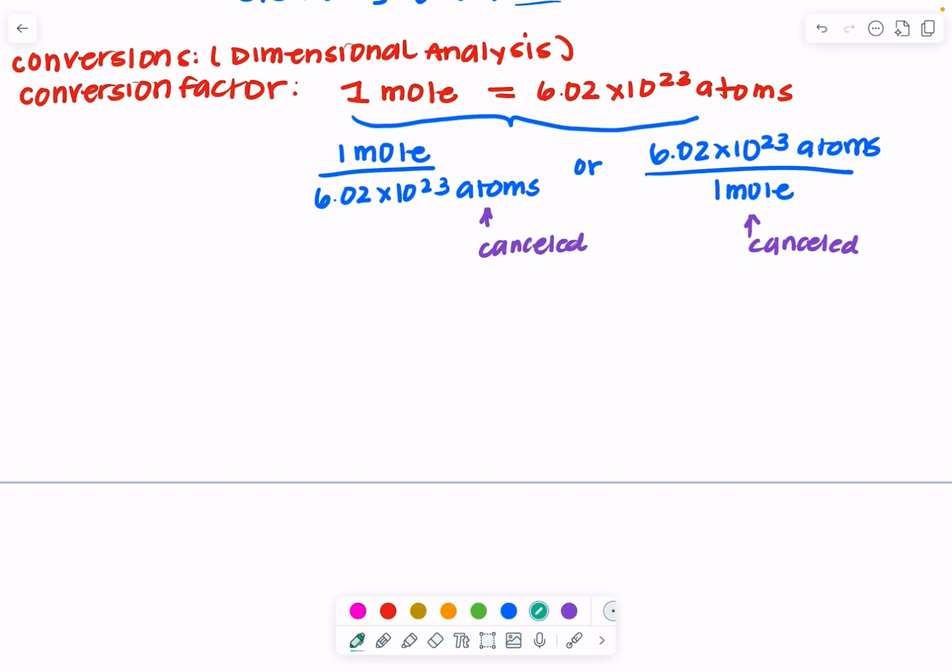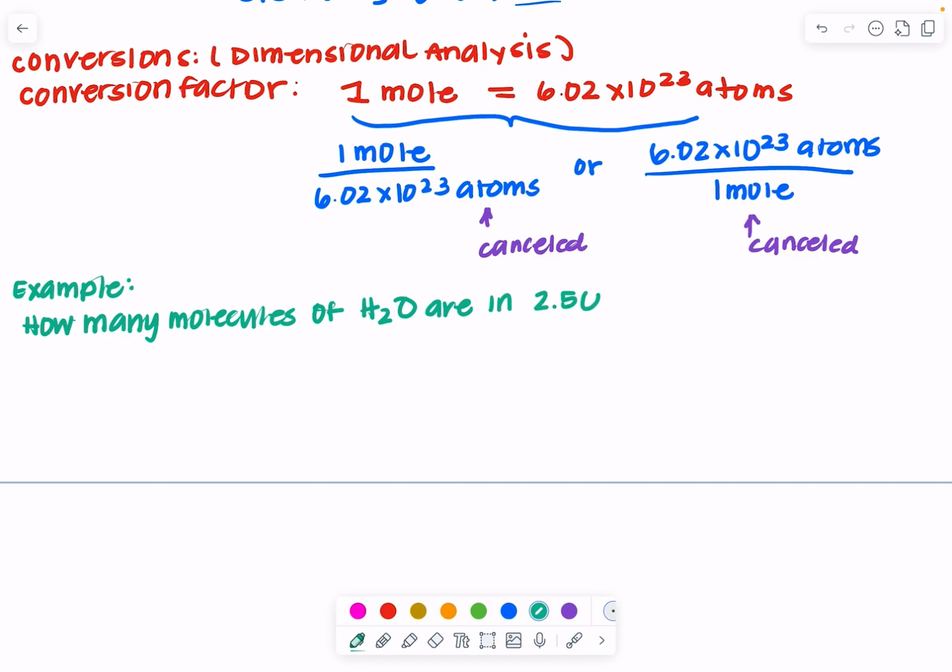Okay? So I'll give you an example. How many molecules of H2O are in 2.50 moles of H2O?